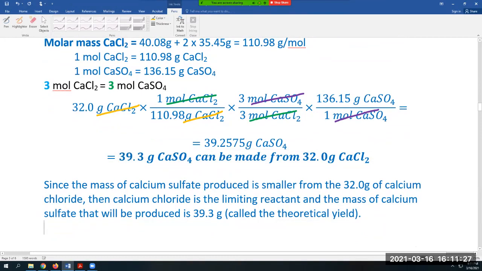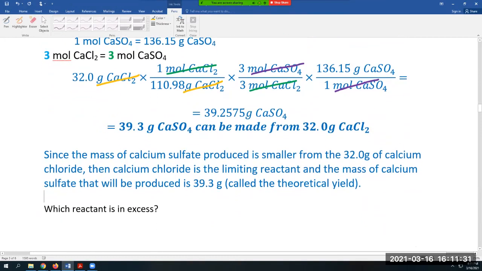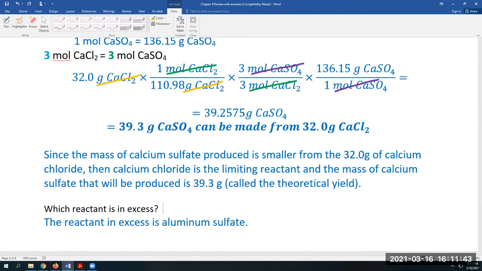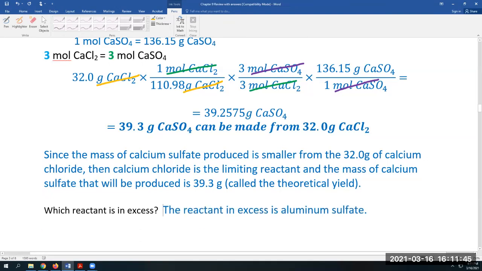But the question was asking for which reactant is in excess. So it was asking for the one in excess, not the limiting reactant. So if calcium chloride is the limiting reactant, then the other reactant is in excess. So the reactant in excess is the aluminum sulfate, right? Aluminum sulfate will be left over. There will be some left over.